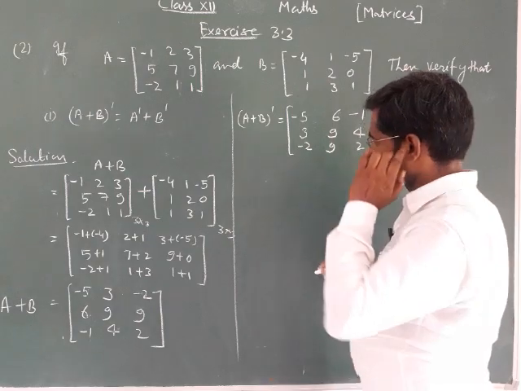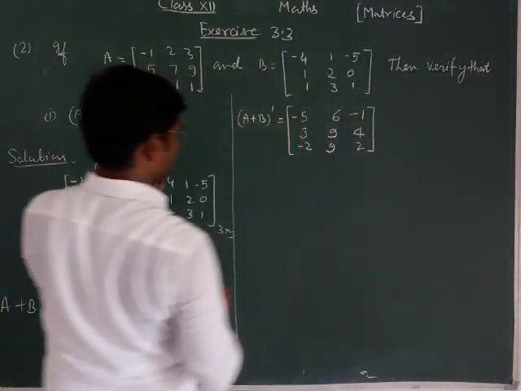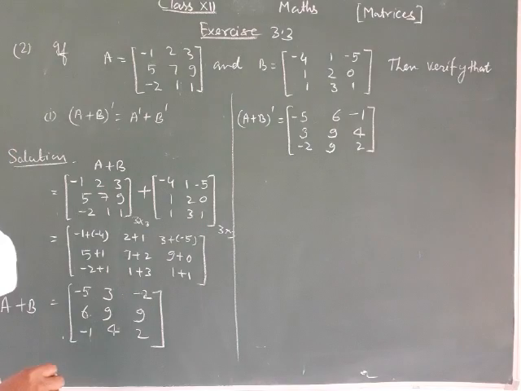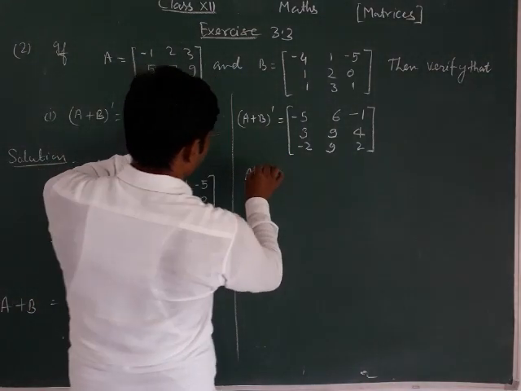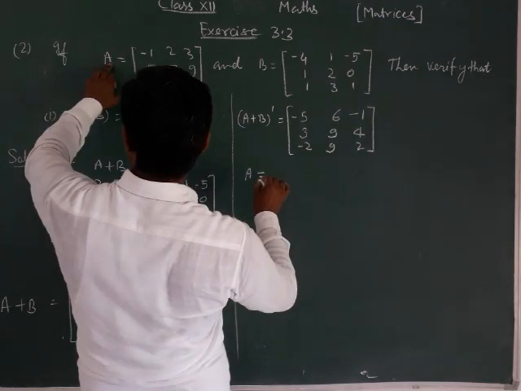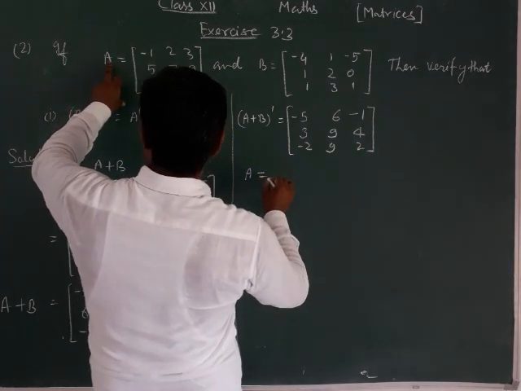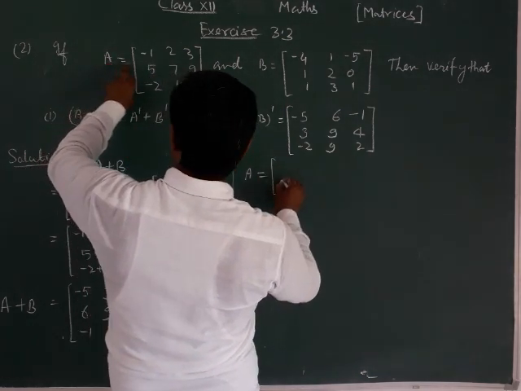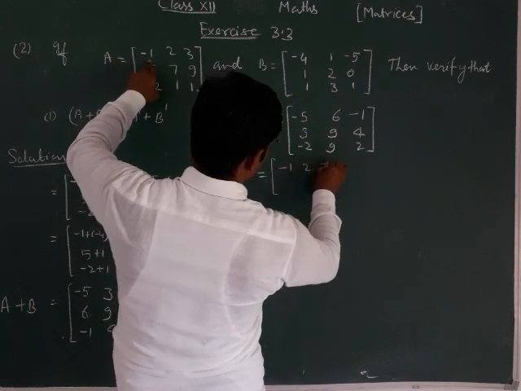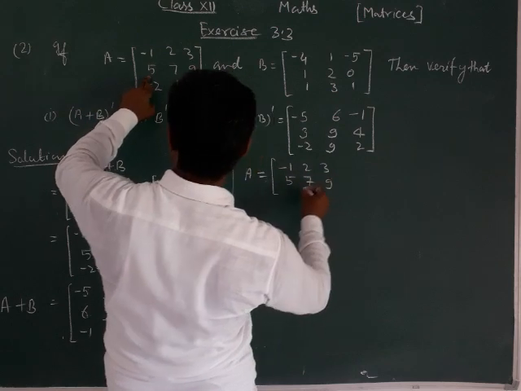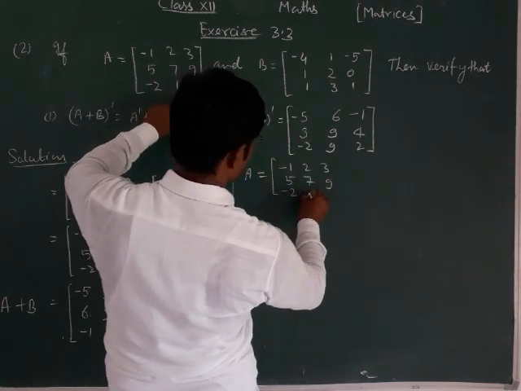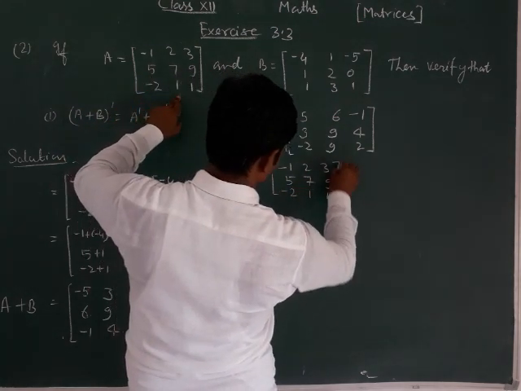So now (A plus B) dash. The given matrix A has elements minus 1, 2, 3 and 5, 7, 9 and minus 2, 1, 1.